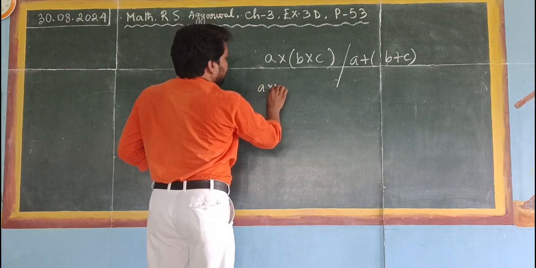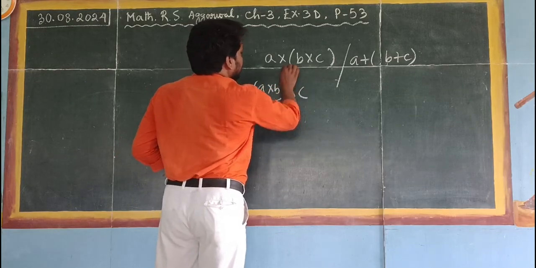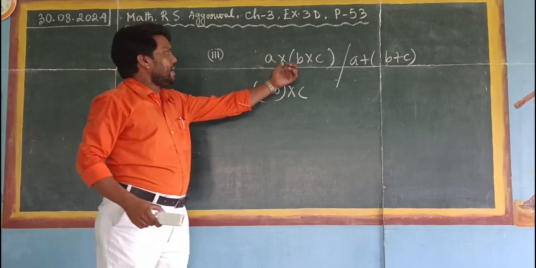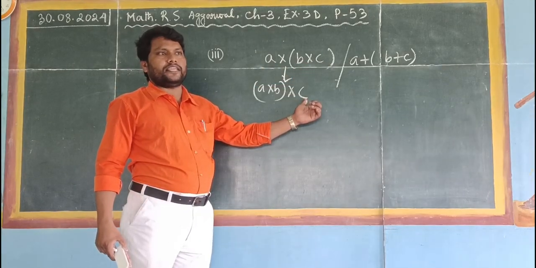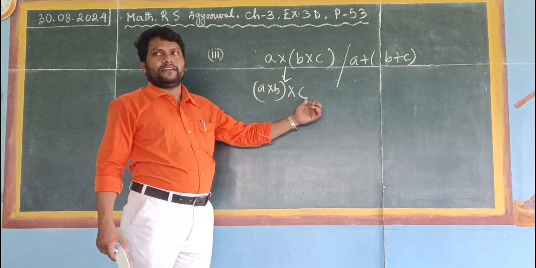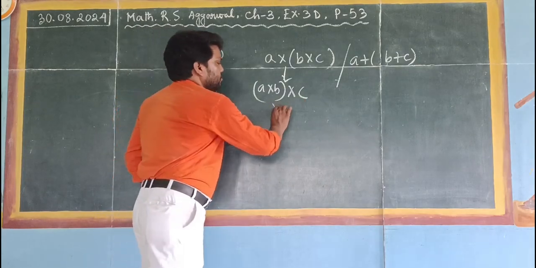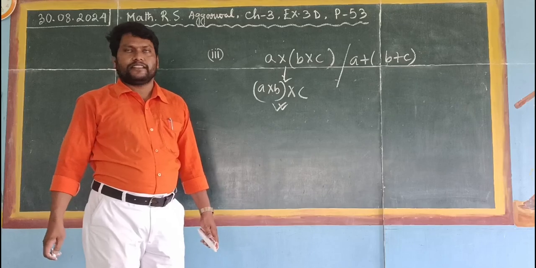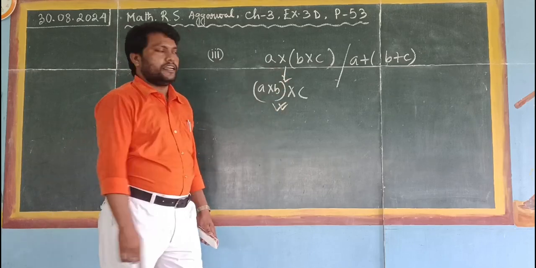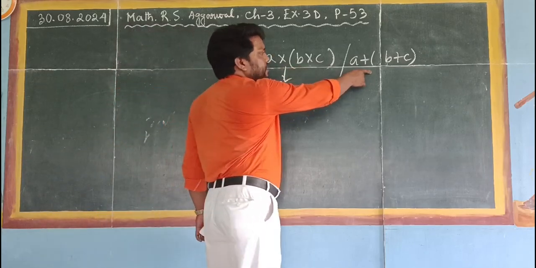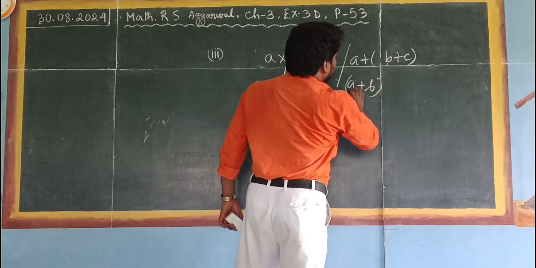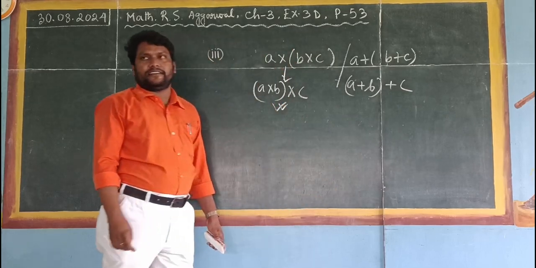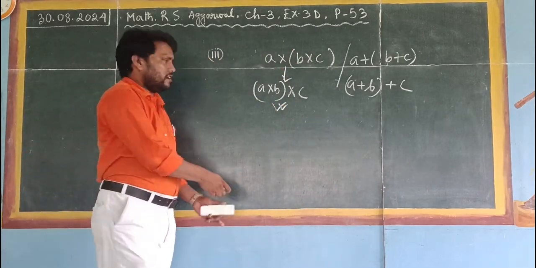A into B into C can be written as A into B outside the bracket into C, but you get the same result. That is called association in case of multiplication, but in case of addition, A plus B within bracket, outside the bracket C.